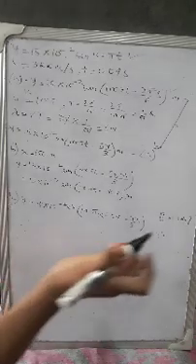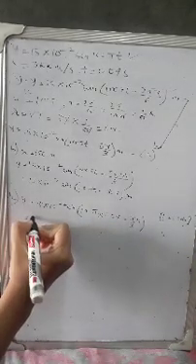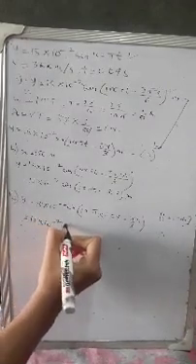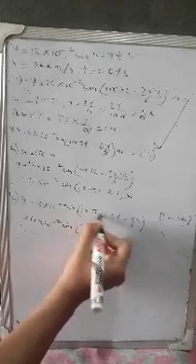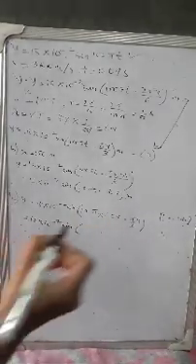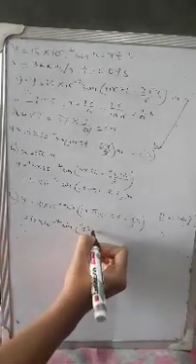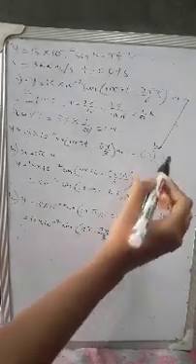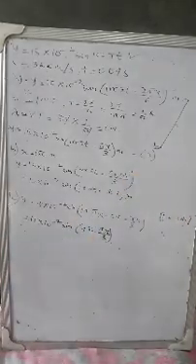So let's reduce it and write it. 15 into 10 to the minus 2 sine (4 pi minus pi x by 3). Just following equation A only for part C also. And this will be in terms of meter.